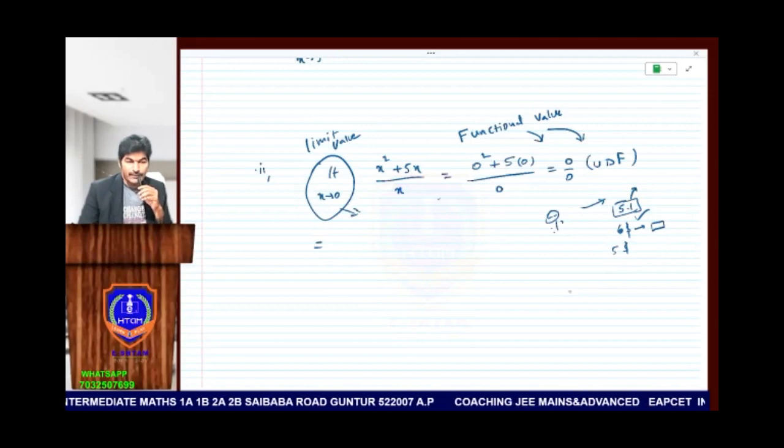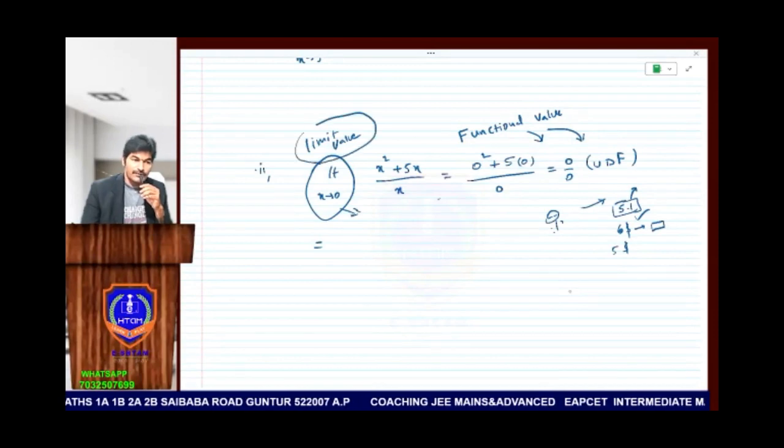If you substitute directly, that means you are trying to calculate the functional value. It was not possible, so you have to do some operations. Those operations are permitted in calculating a limit. All those permissions exist only in limit calculation. That's why we write limit x tends to 0.